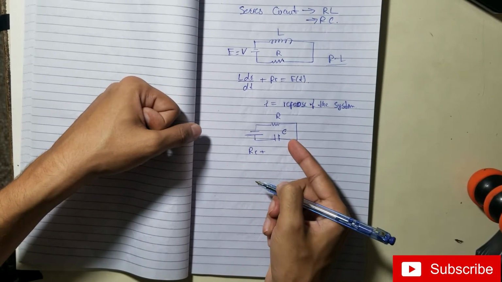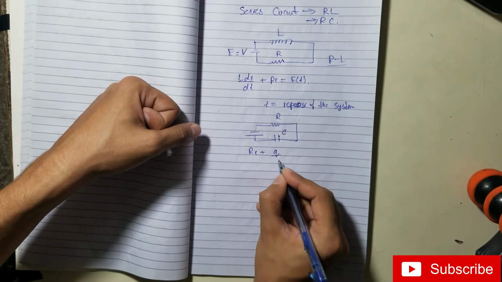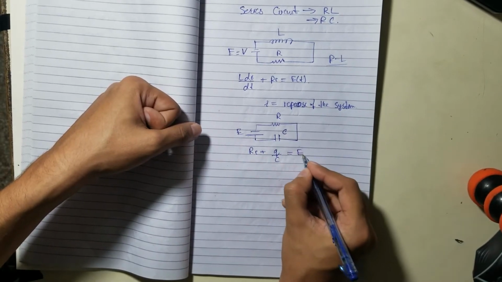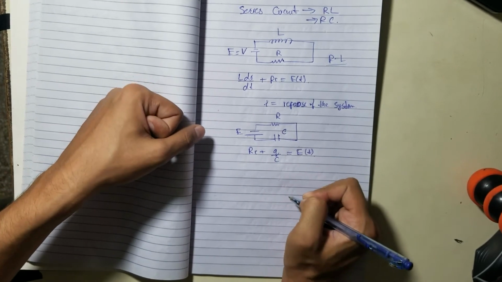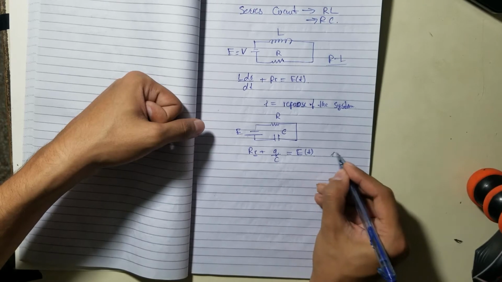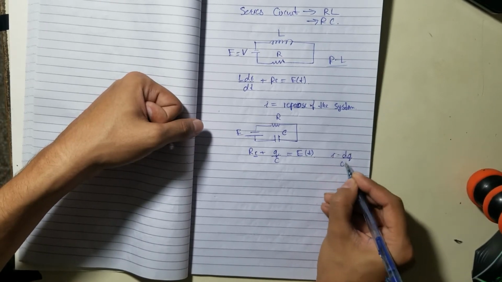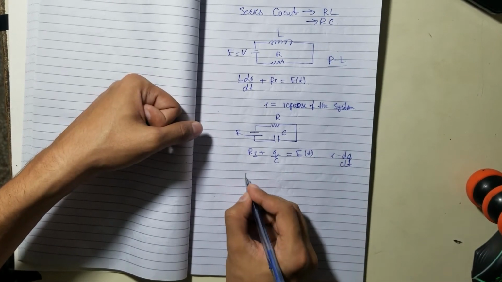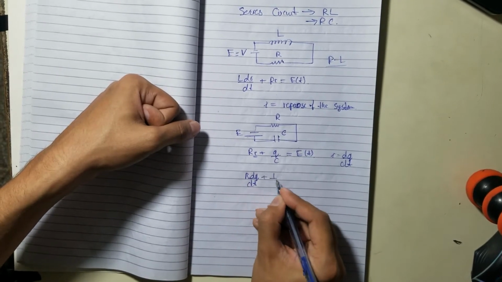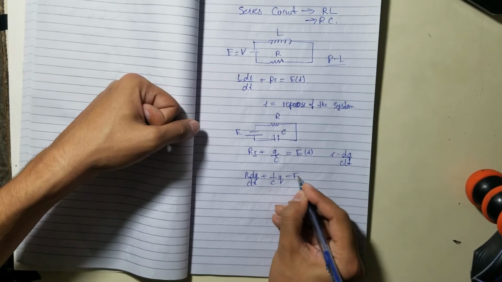The voltage drop across the capacitor is q/C, and that is equal to the voltage supplied by the battery, E(t). We know that i is equal to dq/dt. So R dq/dt plus (1/C)q is equal to E(t).